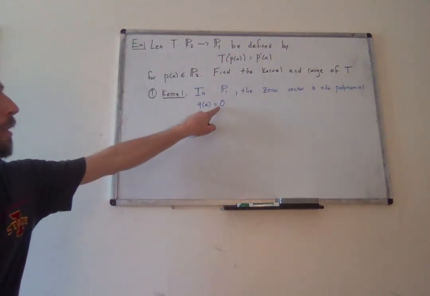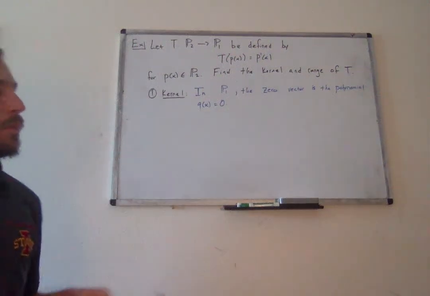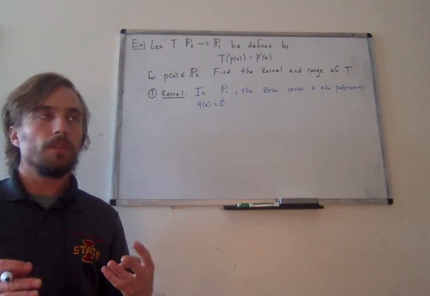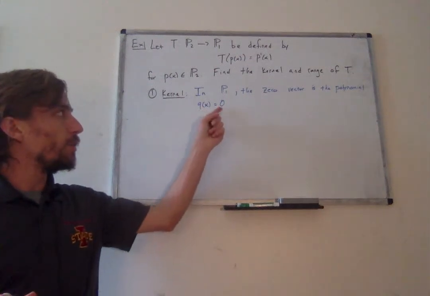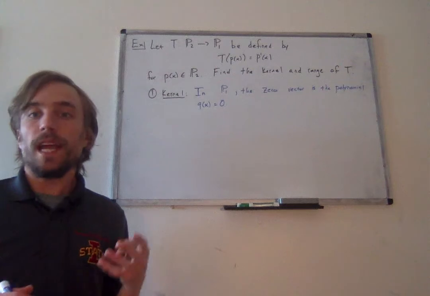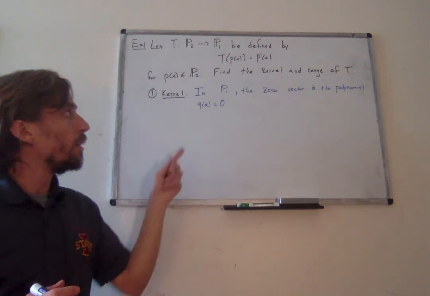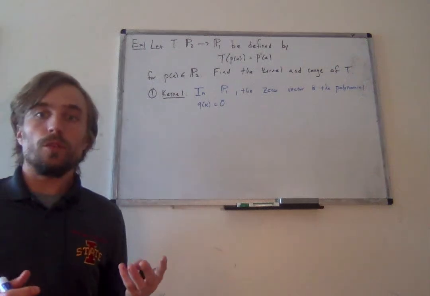Because remember, the 0 vector should be that vector which, when added to any other vector, gives me the same vector back. The 0 vector, or the additive identity, which I think is sometimes an easier way of remembering what it should be doing, is just the 0 polynomial.